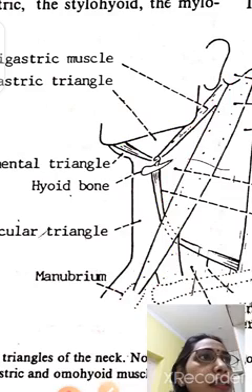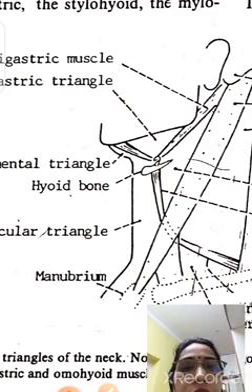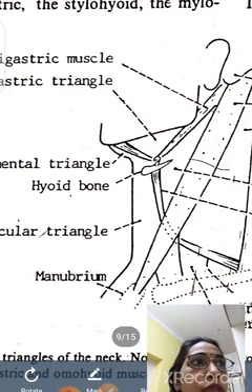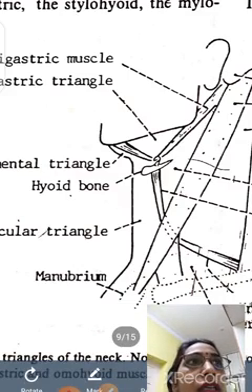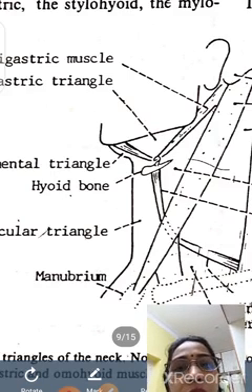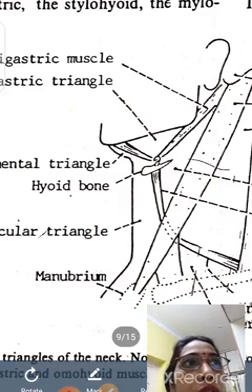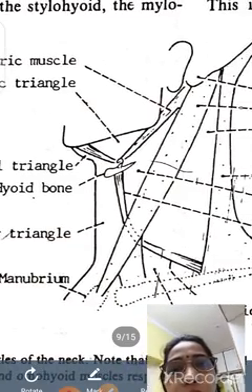Next are the subdivisions of the anterior triangle. The subdivisions of the anterior triangle are made by the infrahyoid and suprahyoid muscles. Okay, so this is your digastric triangle. Let me show you.